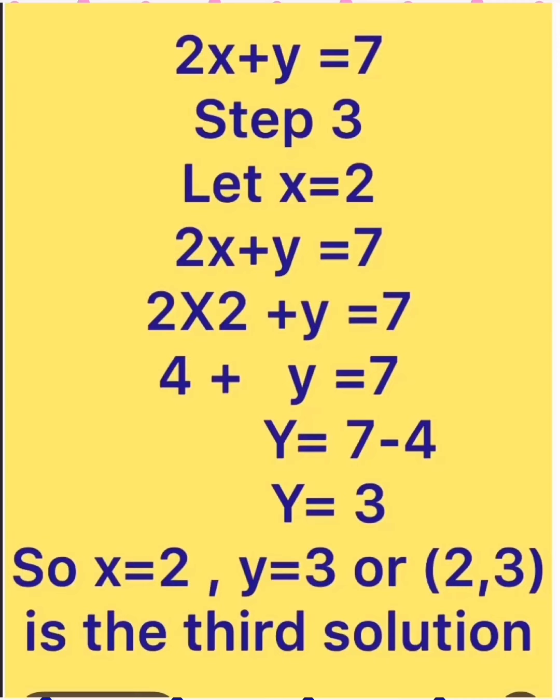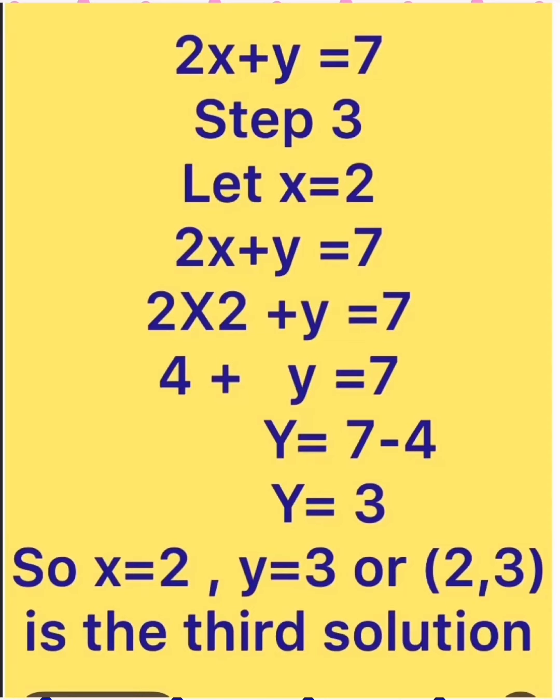Next step, 2 into 2 is 4, plus y is equal to 7. In the next step, 4 will be shifted to the right hand side and converted into minus 4. So the value of y is 7 minus 4, that is 3. So I would write x equal to 2 comma y is equal to 3, or in the form of coordinates, (2, 3) is the third solution.